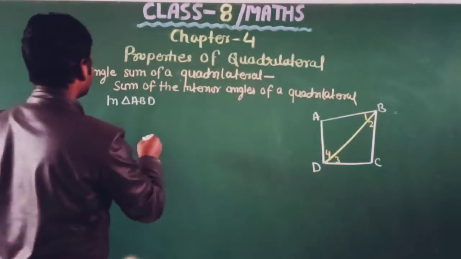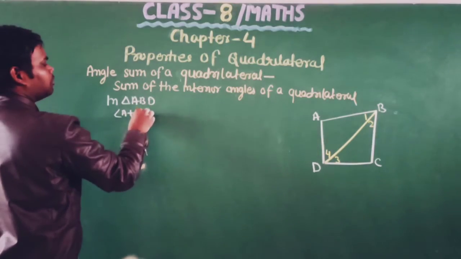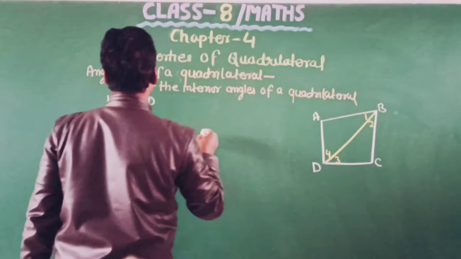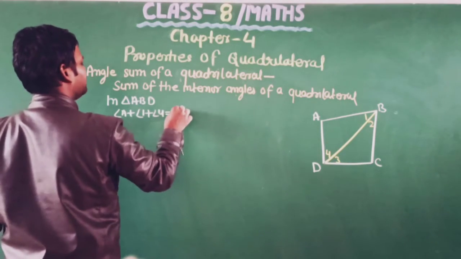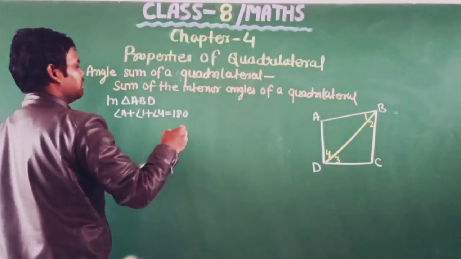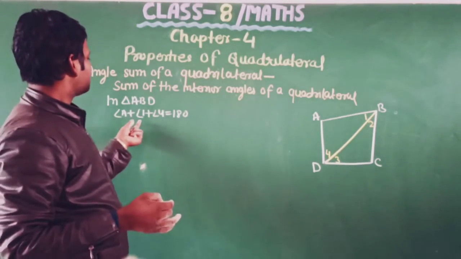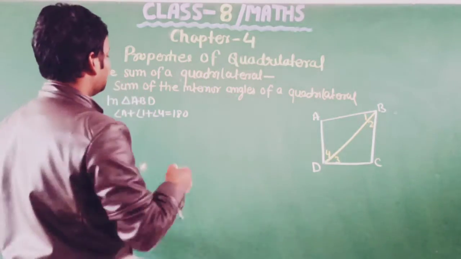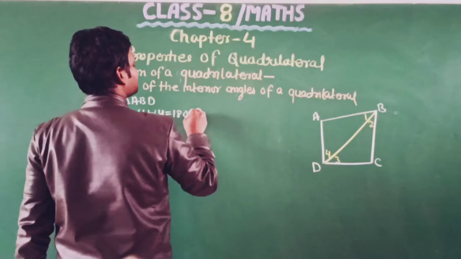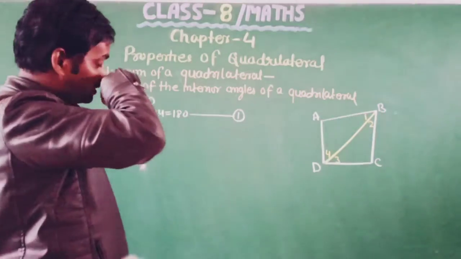So this means angle A plus angle 1 plus angle 4 equals 180 degrees. Say this is equation 1.